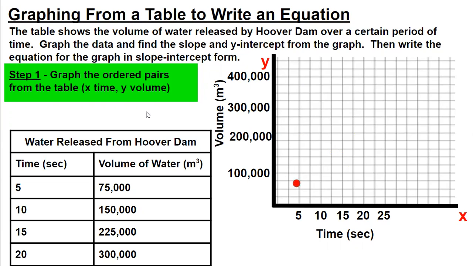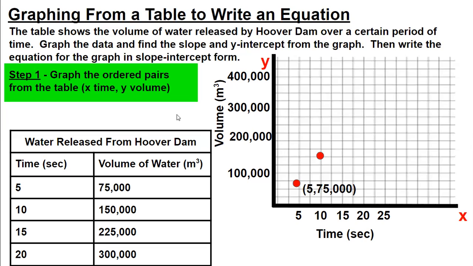So we have 5, 75,000. We have 10, 150,000. And sometimes you have to look at these intervals to say, well, what is this? Well, it's got 4 lines between, right? 100,000, 125, 150, 175, 200, 225, 250, 275, and 300, etc. So it goes up by 25,000.